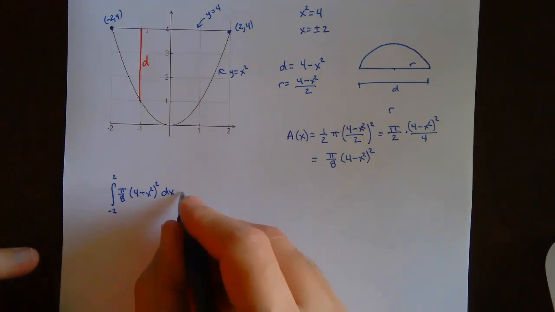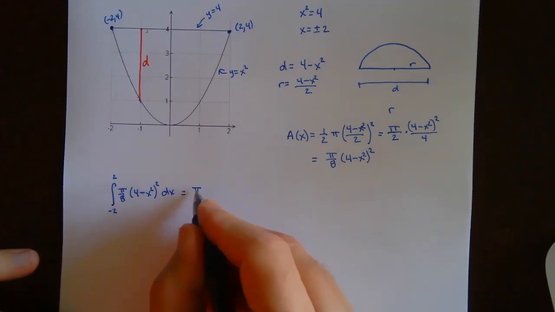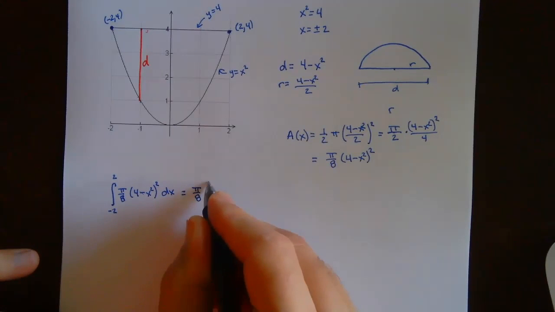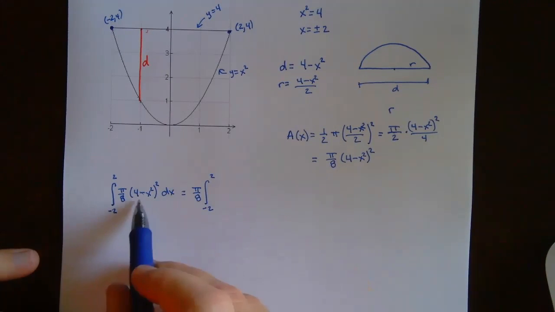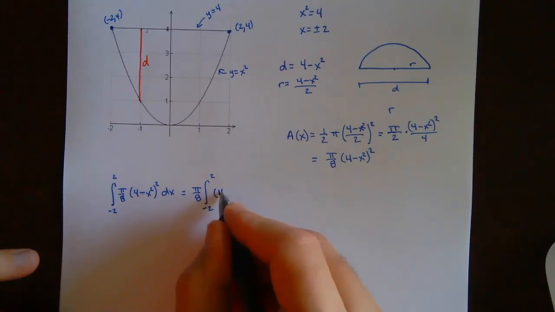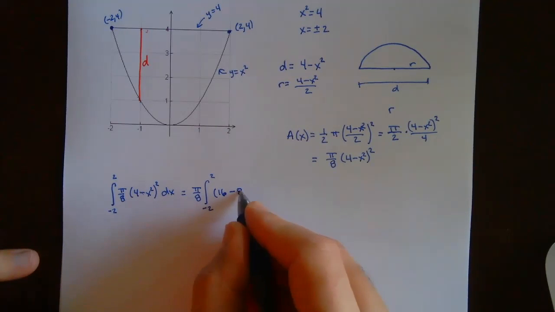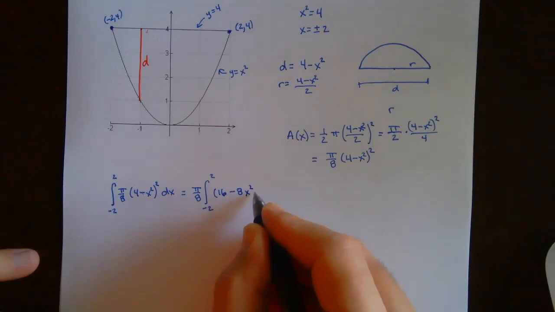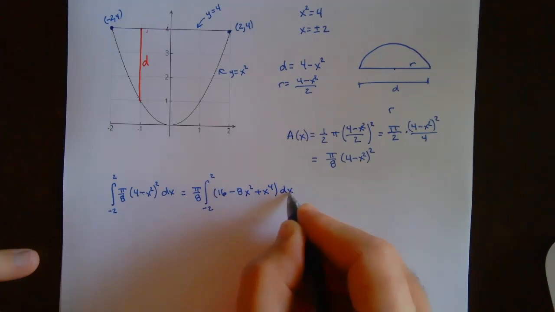One thing we can do is pull this pi over 8 out. So pi over 8 times the integral from -2 to 2, and then we need to square the 4 minus x squared. That would be 16 minus 8x squared plus x to the 4th, dx.